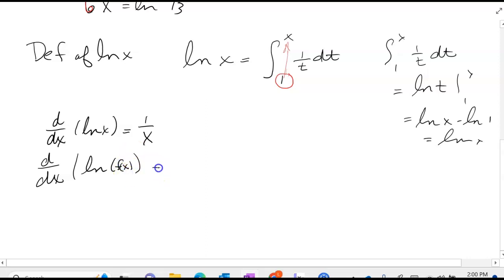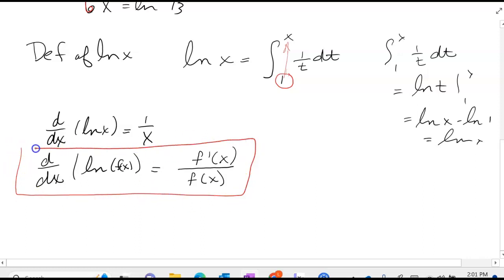Whatever f of x is, that goes in the denominator. And what goes in the numerator? Using the chain rule, isn't it simply the derivative of f of x? So we can generalize our ln derivative to this, and then you're not constantly having to work out the chain rule. It's there and done for you.